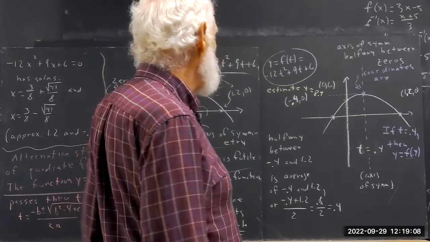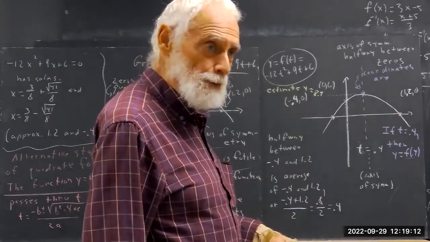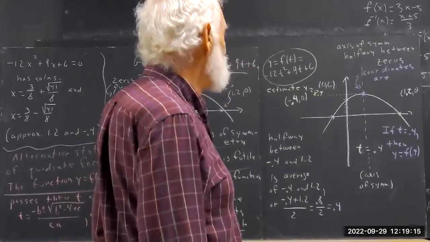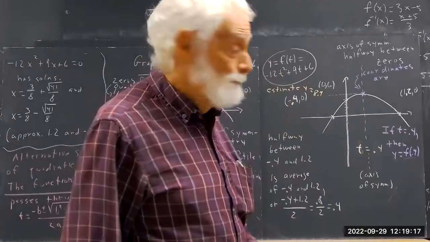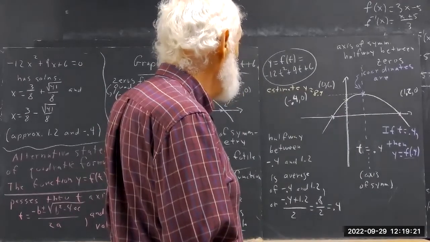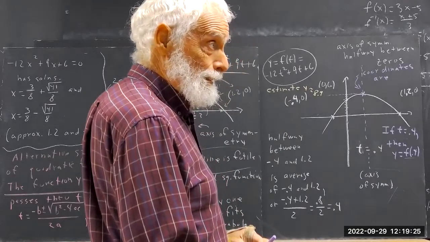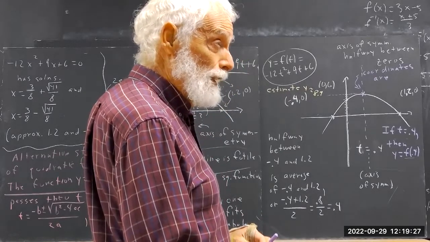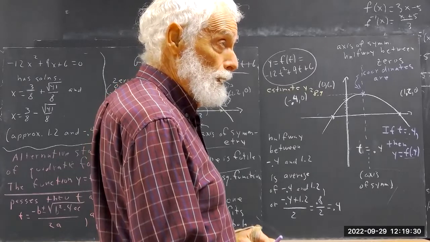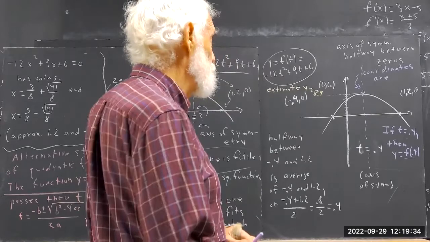Because t squared is 0.16 and 12 times 0.16 is 1.92, if I got my numbers right. And we subtract 1.92 from 6, and we get 7.68.